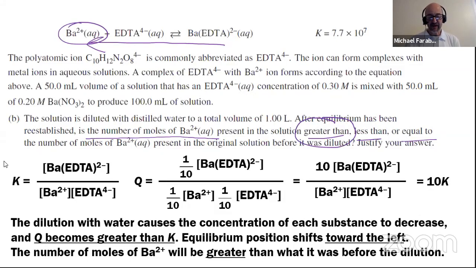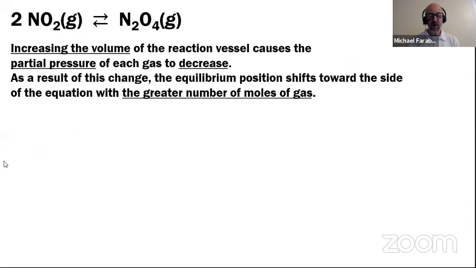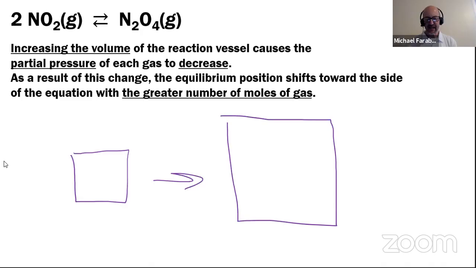Now I'm going to make a comparison to another example of Le Chatelier's principle, and that is gases. Here we have 2 moles of gas on the left and 1 mole of gas on the right. So a different number of moles of gas on each side. Suppose that we take our container, which contains these gases at equilibrium, and we increase the volume of the container.